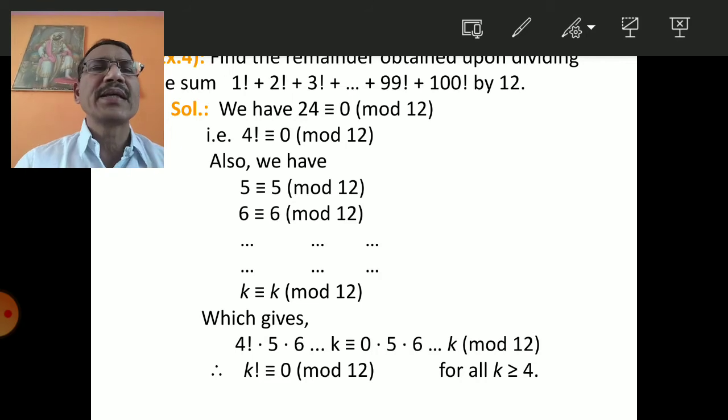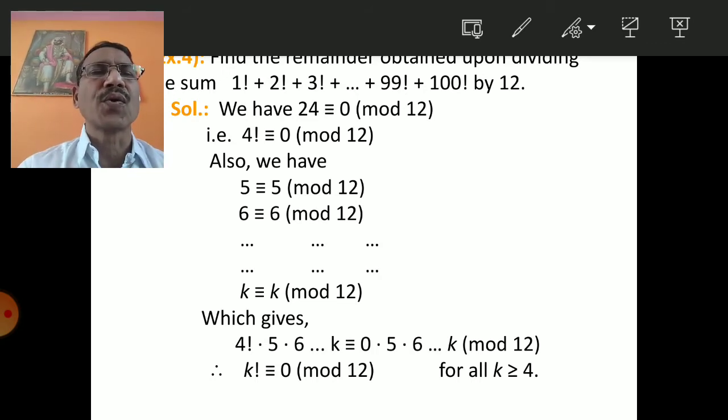Product of left sides is congruent to product of right sides mod n. This property is true for n congruences also, and therefore using it for these k congruences, we get 4 factorial into 5 into 6 up to k is congruent to 0 into 5 into 6 up to k mod 12.